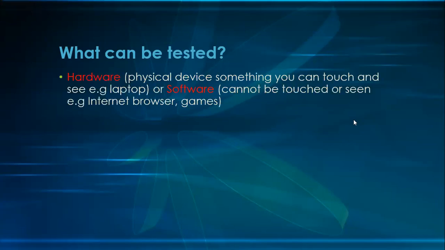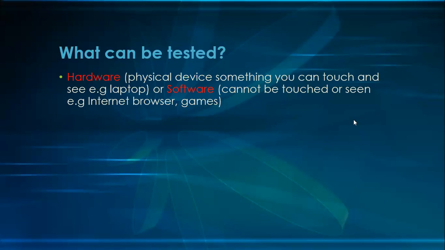So what can be tested? Hardware and software. What is hardware? Physical devices, something you can touch and see. Take an example, a laptop. And what else? Software can be tested. This is something that cannot be touched or seen, for example the internet browser and the games.